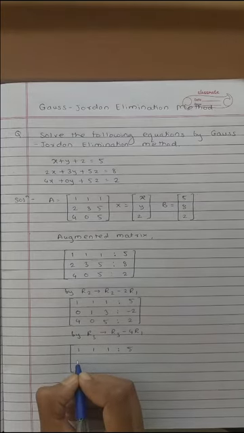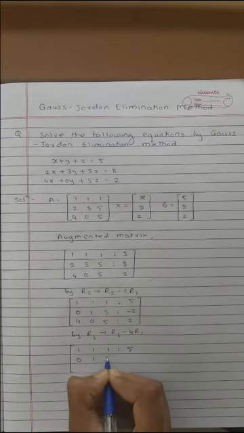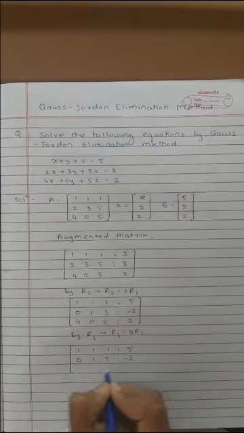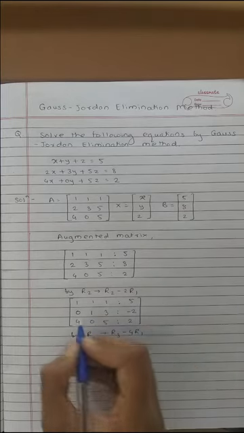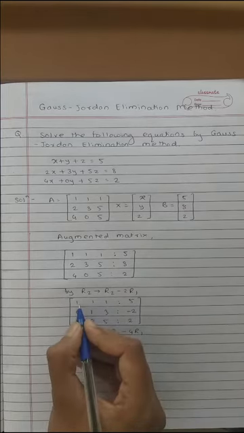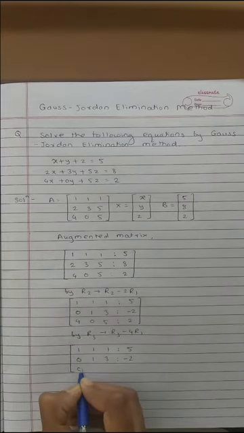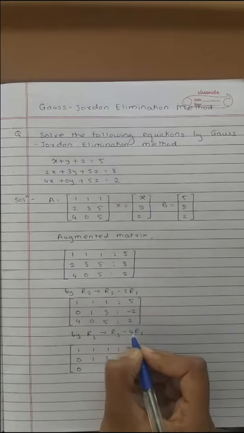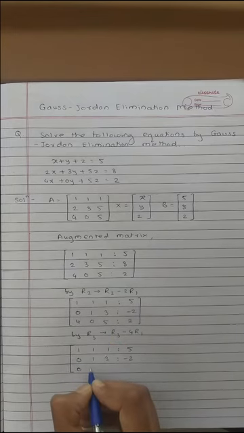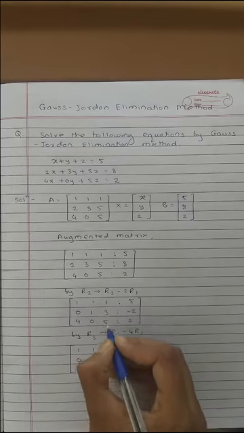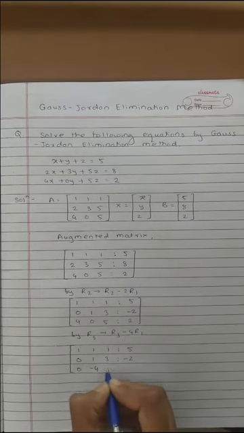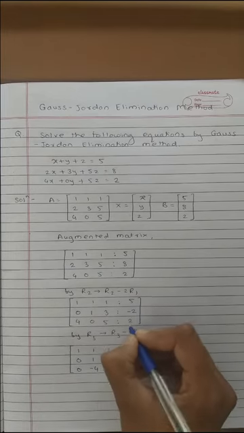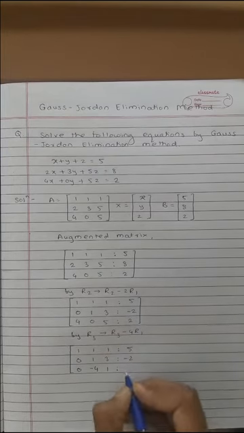After that 0 1 3 augmented with minus 2, and R3 minus 4 times R1 means 4 minus 4 into 1, 4 minus 4, 0; 0 minus 4 into 1 we will get minus 4; 5 minus 4 times 5 means 1 and augmented with minus 18.